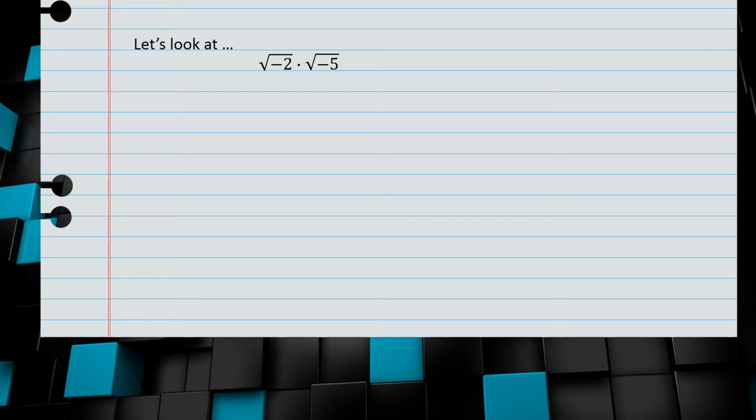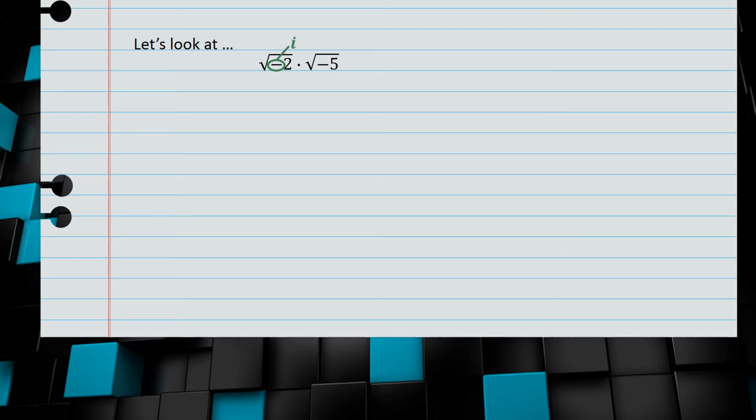So let's look at the following. We have the square root of negative 2 times the square root of negative 5. Can I put those two radicals into a single radical? No, I cannot because I have negatives under the radical. So we have to address that first. Well, the first radical has a negative, which means what letter just got introduced? i.